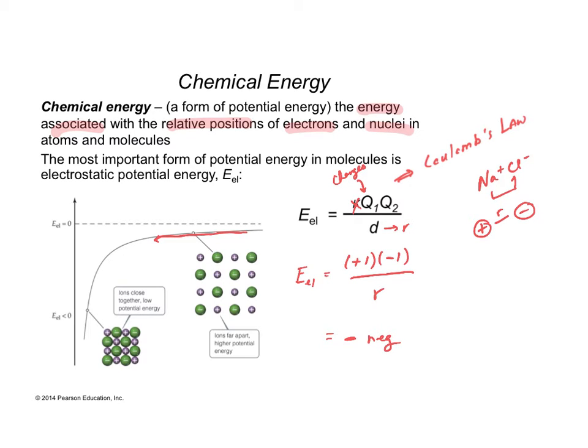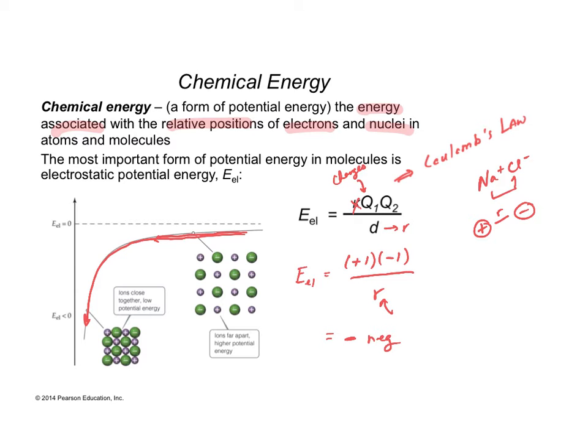And what's going to happen to the magnitude of this negative value as we bring them closer together? So as this guy gets smaller, this is going to get bigger and more negative, right? So what we see is, again, this minimization of energy as we bring these two charged particles closer together. So this is how we kind of represent this idea of chemical energy.